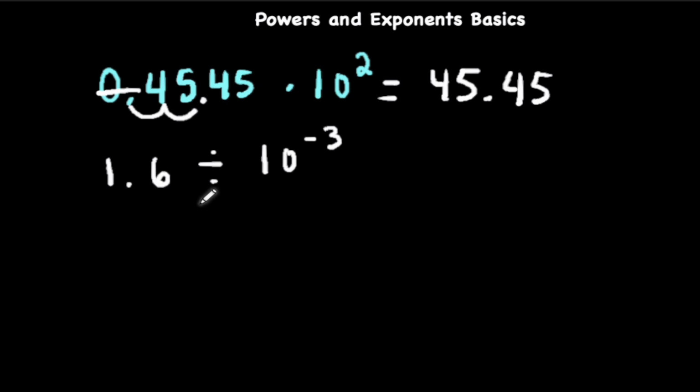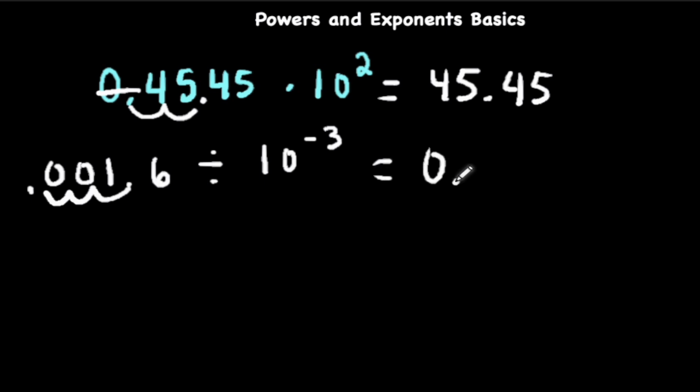Since your exponent is negative, you're going to move the decimal point 3 places to the left this time instead of to the right. So 1, 2, 3. Your decimal point is here. You fill in the rest with zeros.